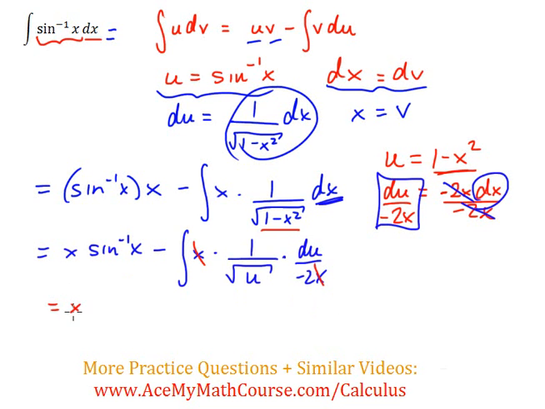I have this minus here, and there's a negative 2 there that I will take out of the integral as a half, because it's 1 over negative 2, and I'll multiply that by the hidden negative 1 that we have here. So negative 1 times negative 1 over 2 is positive half.